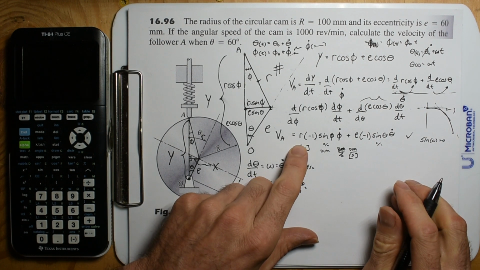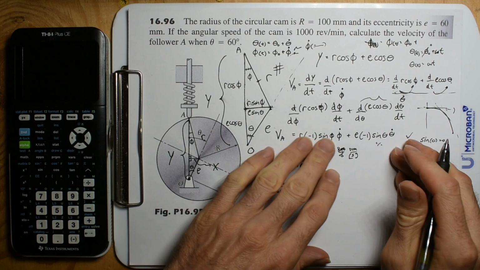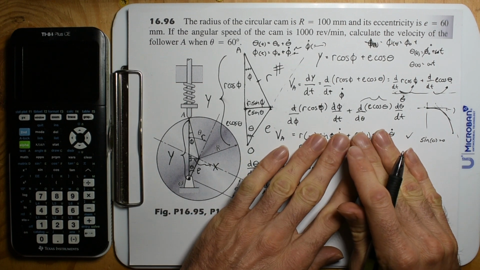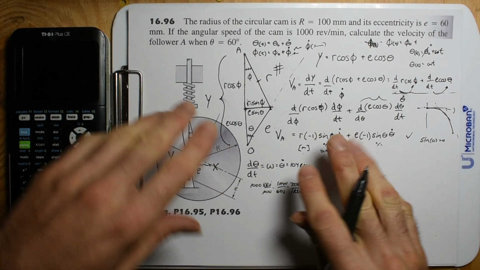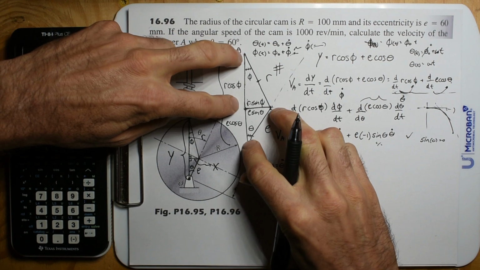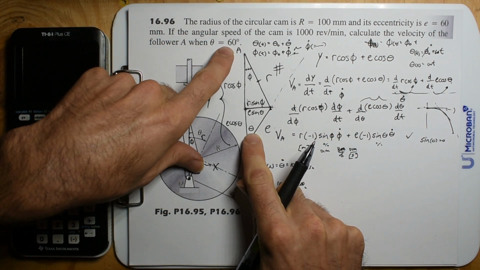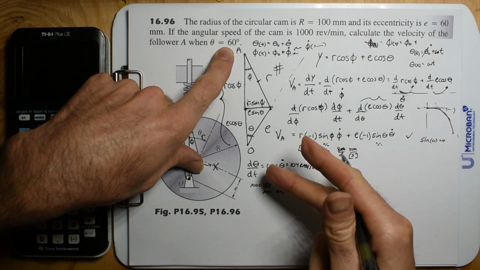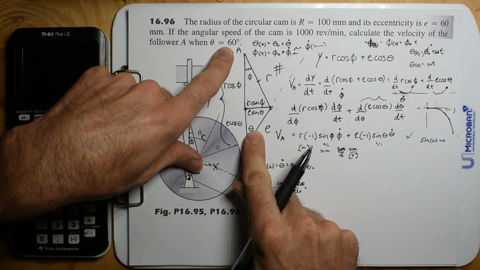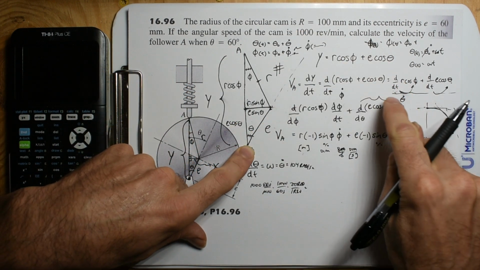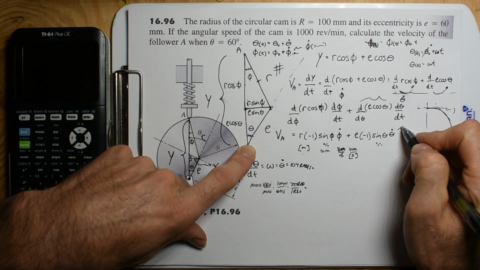All right, but now, what do we know? That's the other thing: when you set up even the geometry, you ask, do I know the angle? Well, sure, at 60 degrees I want to know what's going on. So I know that angle, I know the angular speed, so I know theta dot once this pops up.